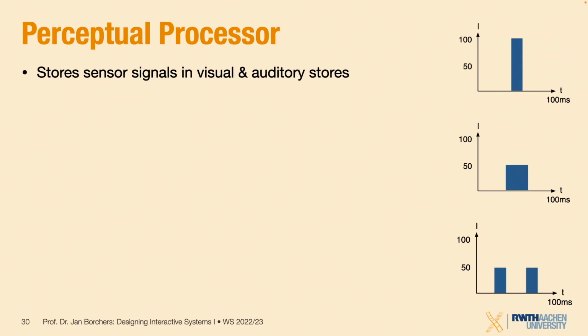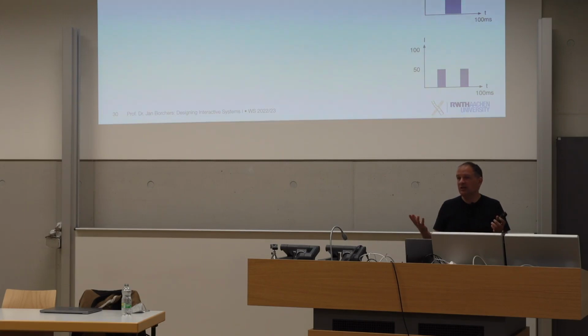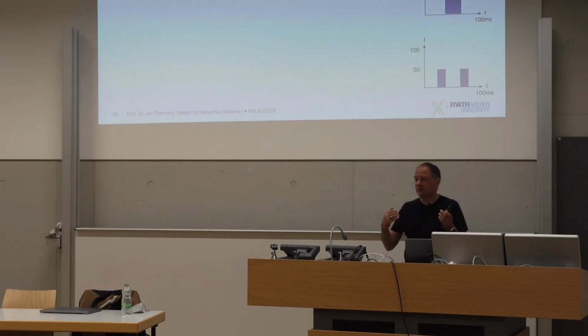It gets even weirder. If you show somebody two light flashes, one after the other, with a break in between, each of half intensity, it will also look to that person exactly the same as this single light flash of a higher intensity. Okay? So what's happening here is clearly the eye is also integrating up the photons hitting the retina during that 100 millisecond time window.